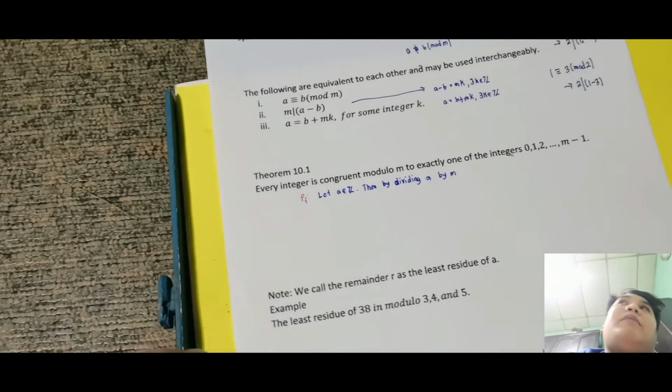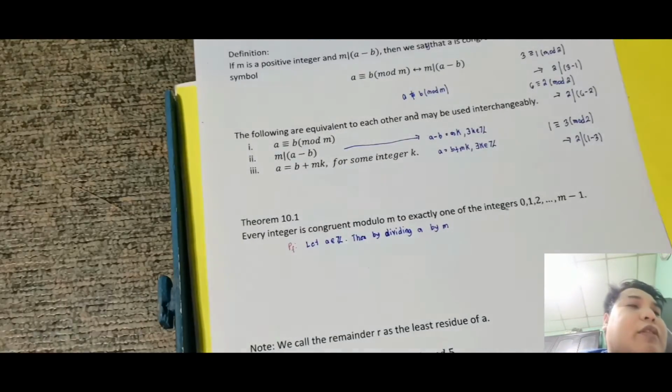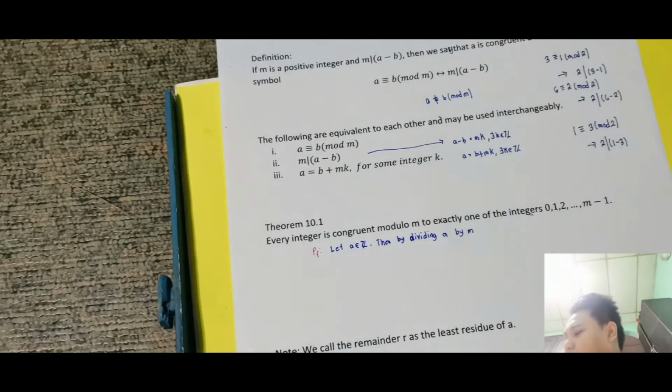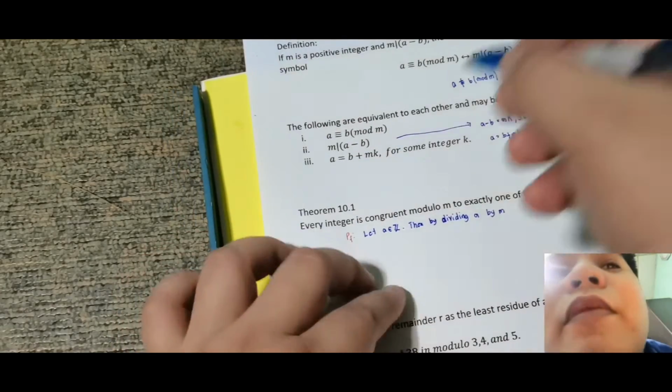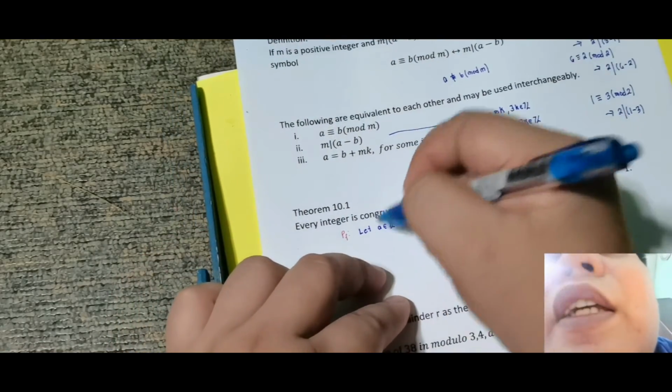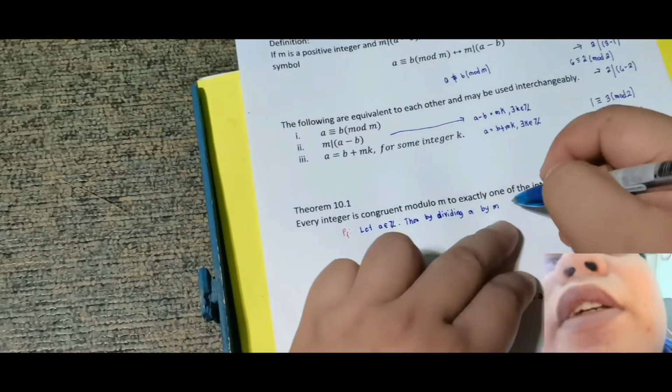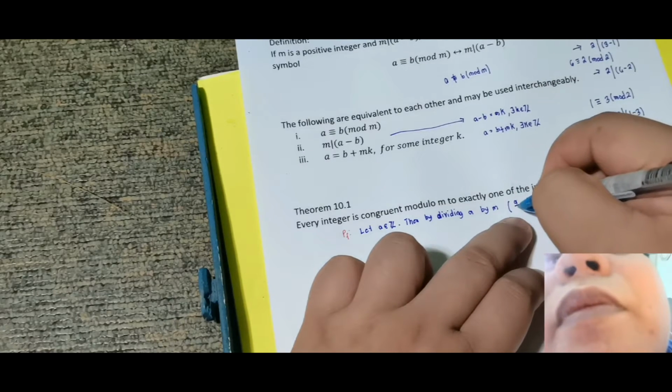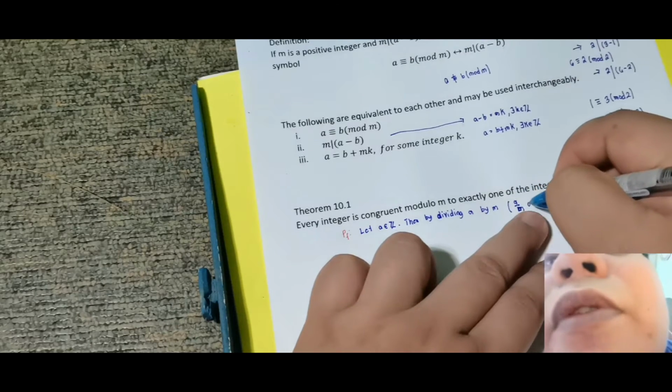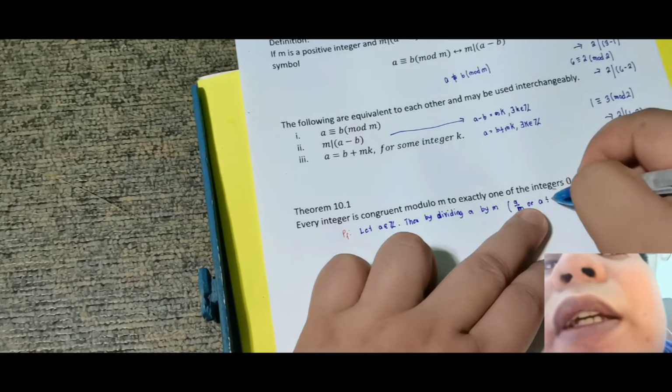Kunyari si a dinivide ko by m, by division algorithm, naalala nyo, ano ibig sabihin nun? Kunyari a over m, or a divided by m.